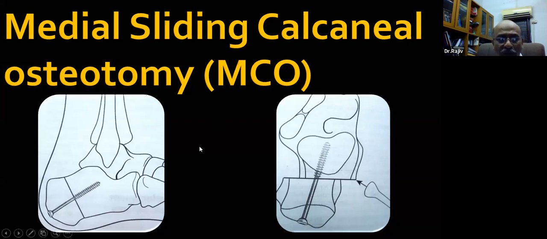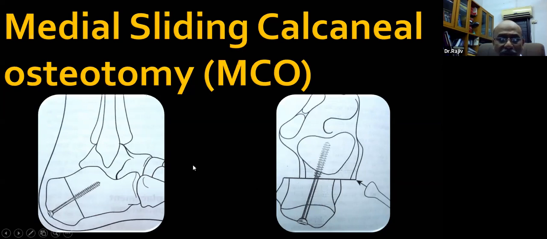Another most commonly done procedure is medial calcaneal sliding osteotomy. So what we do is we surgically fracture the calcaneus, which we call osteotomy, and we shift this osteotomy medially so that the weight bearing axis is shifted medially. So a valgus is corrected and the pull of the tendo-Achilles is also neutralized.